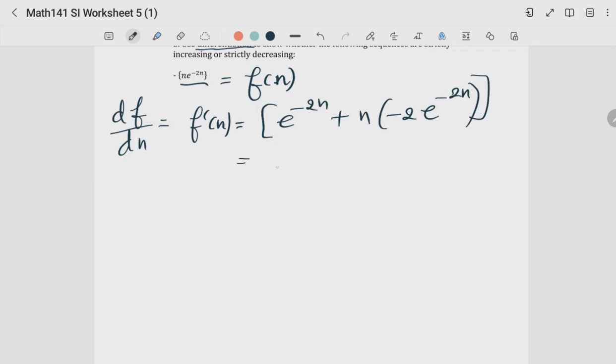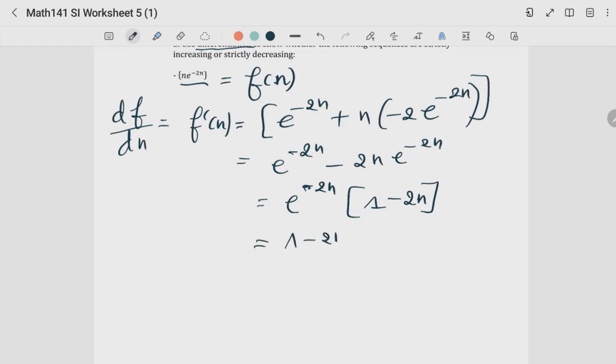And that's just e to the negative 2n minus 2n times e to the negative 2n, which is just e to the negative 2n multiplied into 1 minus 2n, which is the same as 1 minus 2n over e to the 2n, which we can clearly see, as n increases, right?